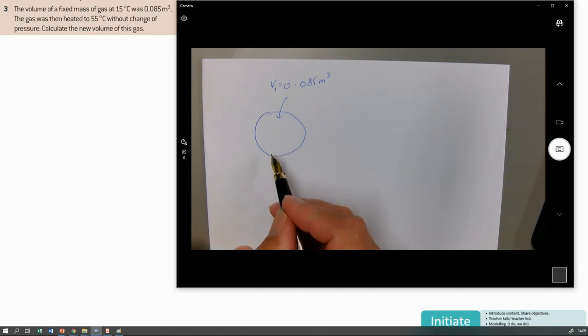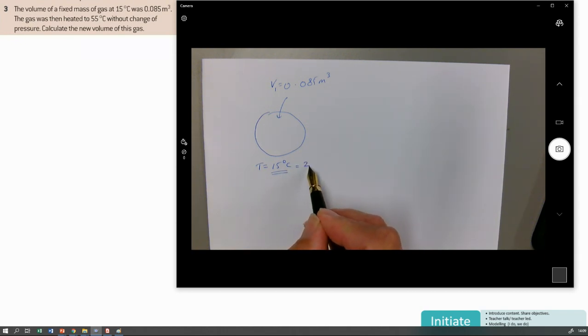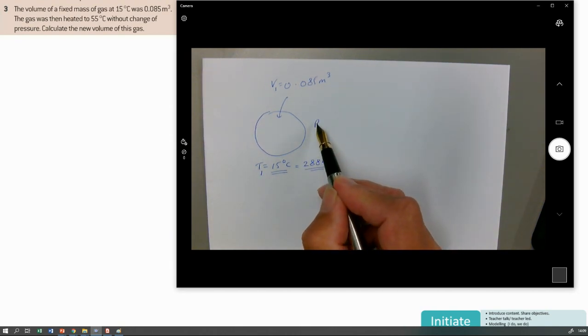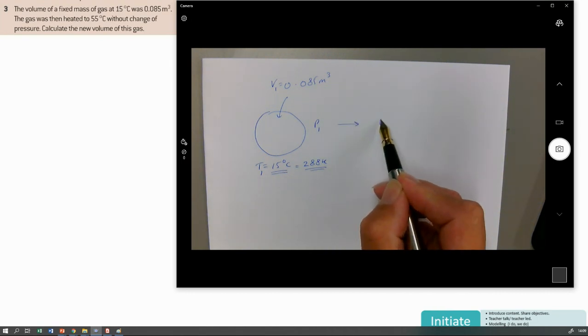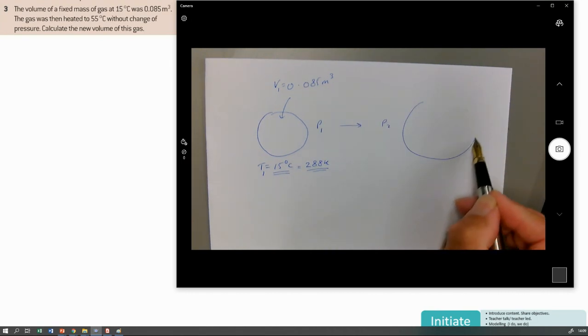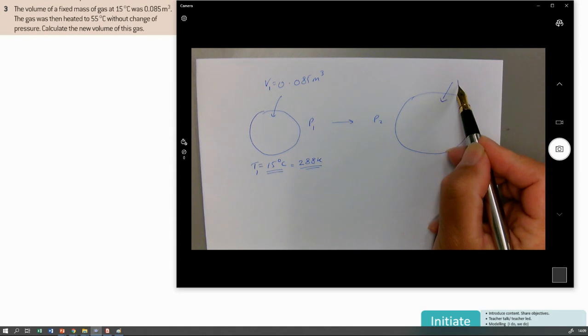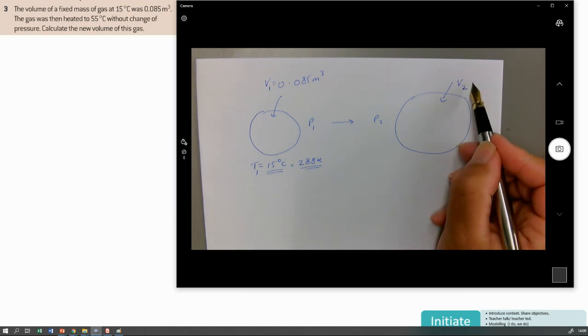So initially the temperature of the gas was 15 degrees C. Don't fall for that one. Convert it to Kelvin: 273 plus 15 is 288 Kelvin. That's the actual temperature, and we'll call that T1. Constant pressure, so P1 is the same as P2, and the whole thing expands to make some new volume, which we don't know.